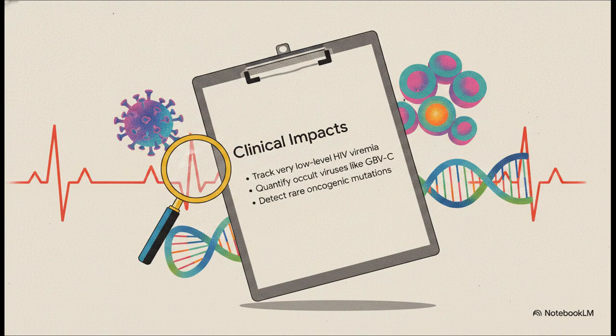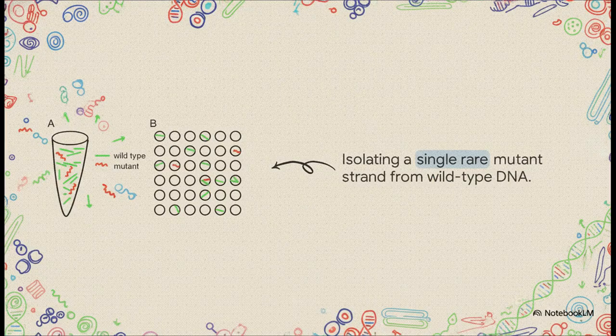But honestly, perhaps the most exciting clinical impact is in oncology. Think about it like this. In a bulk PCR reaction, if you have one mutated cancer gene floating in a sea of healthy DNA, the healthy DNA just hogs all the PCR ingredients, and the mutation stays totally invisible. But when we compartmentalize everything into droplets, that single mutant gene gets isolated into its own little droplet.